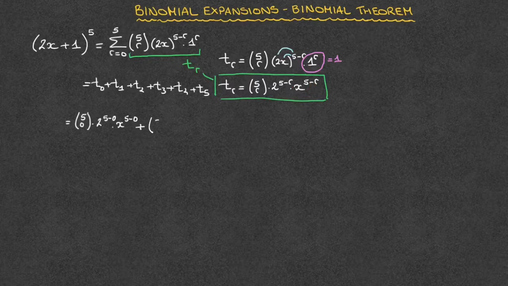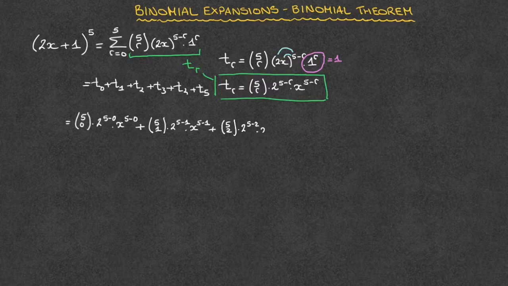So that's (5 choose 1) times 2 raised to the power of 5 minus 1 times x raised to the power of 5 minus 1. We add on to that T2, for which we replace every single r by 2. So that's (5 choose 2) times 2 raised to the power of 5 minus 2 times x raised to the power of 5 minus 2. And we add on to that T3, for which we replace every r by 3.